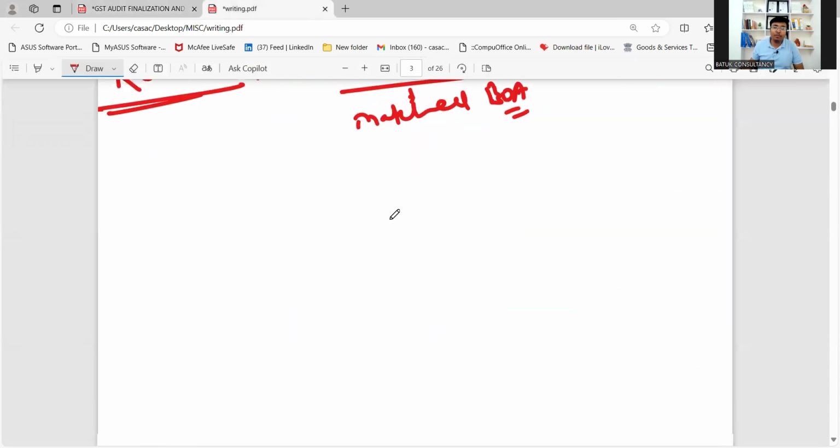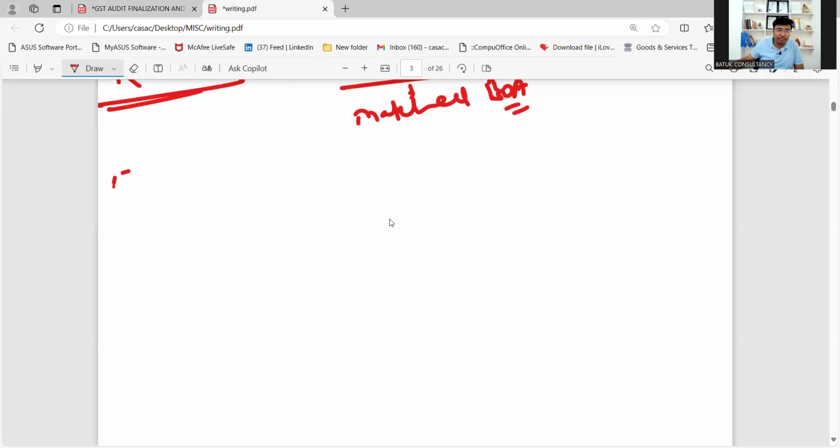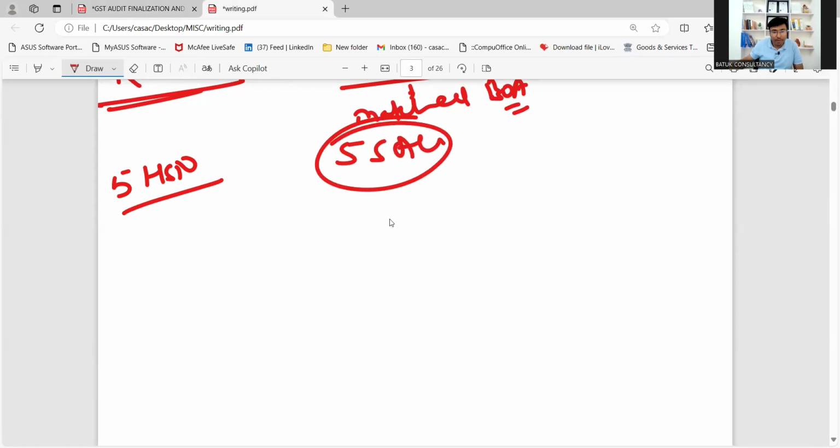Yes, on the GSTN common portal, we can put 5 HSN codes and 5 SSC codes. But the point is that on the portal, we can put 4 digits. Okay.